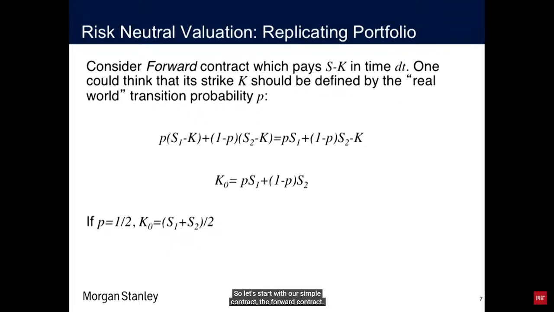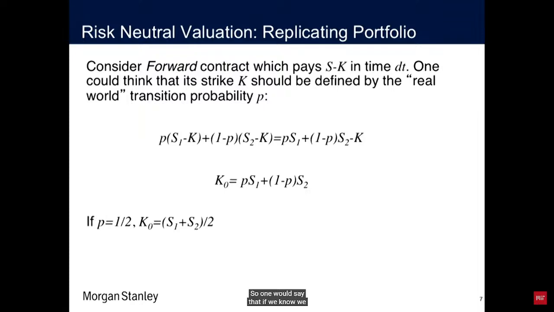So let's start with our simple contract, the forward contract. One can naively approach this problem trying to get the price of the derivative using the real-world probabilities p and 1 minus p. We know that the payout is S minus K, that's given.